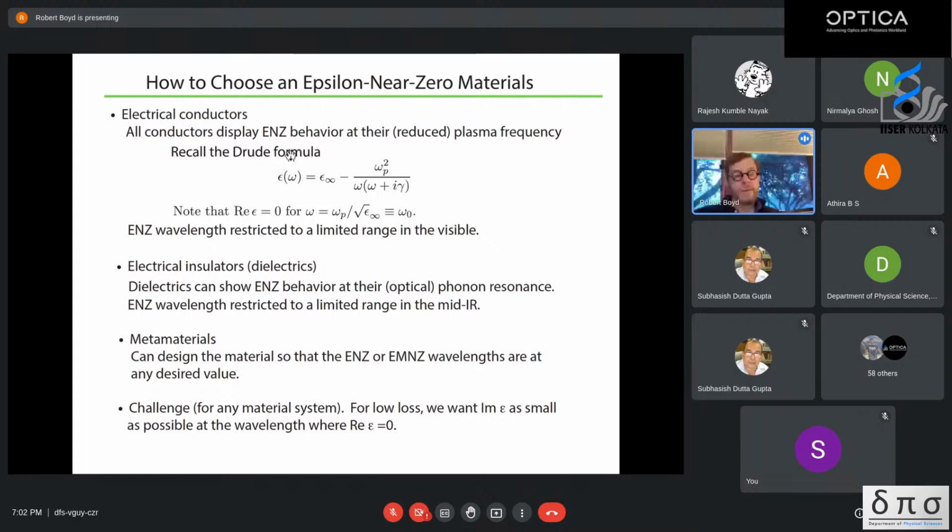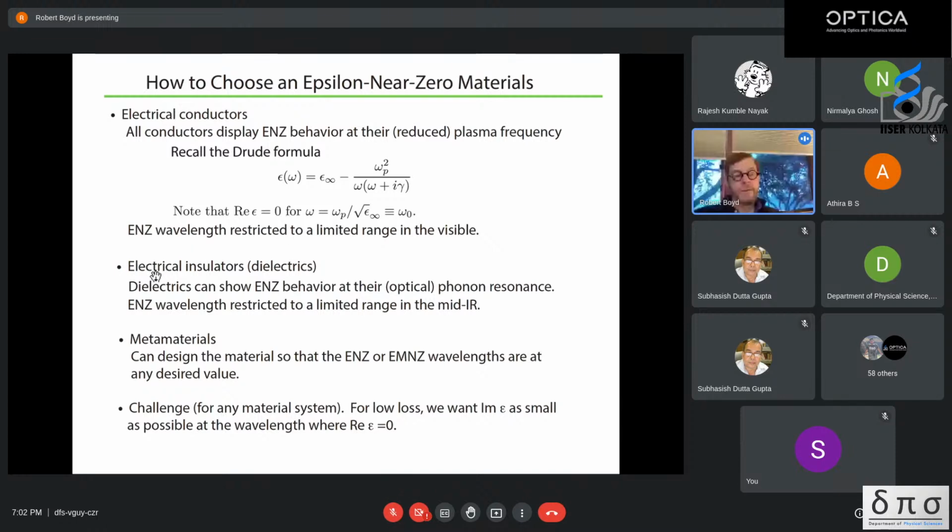Here's the Drude formula, which most metals obey at least to some approximation. And you can see by inspection that the real part of epsilon will vanish for a frequency that's given by the plasma frequency divided by the square root of epsilon infinity. So this works great, but it only works near the plasma frequency of a material.